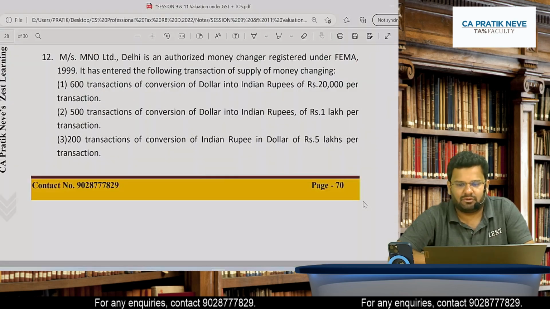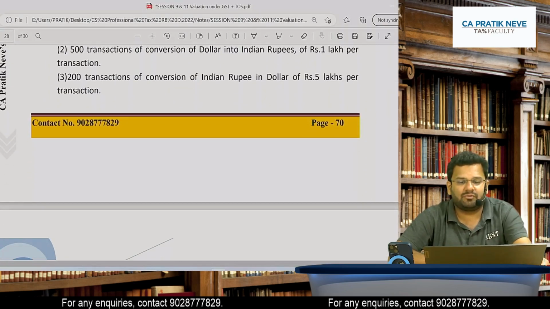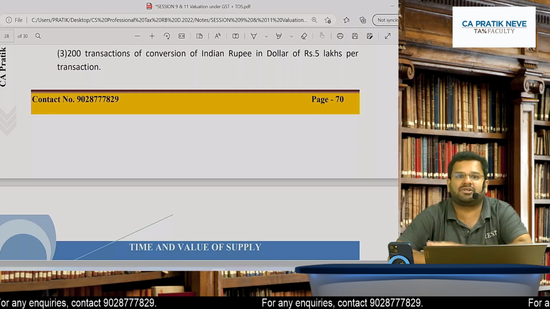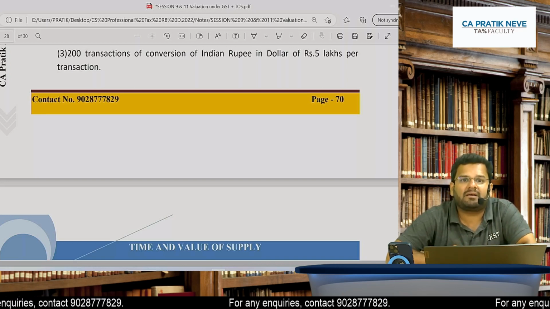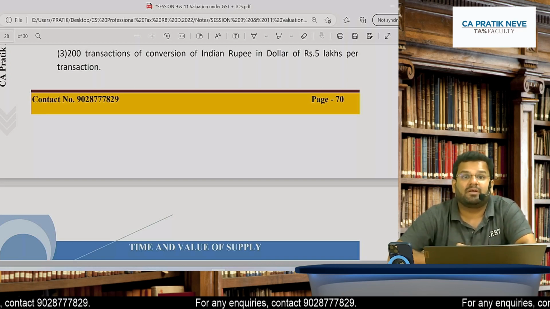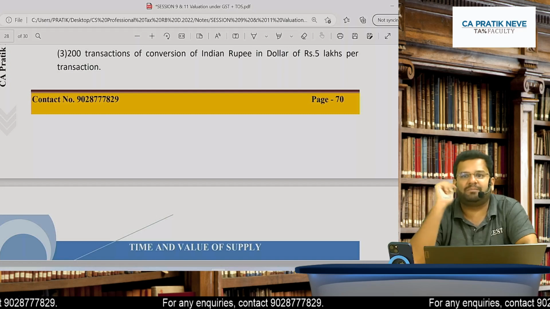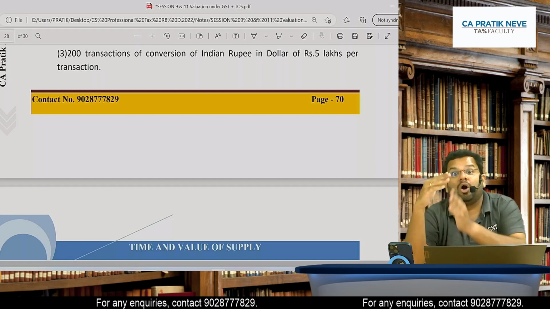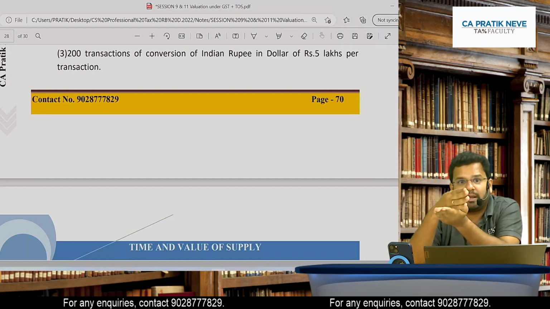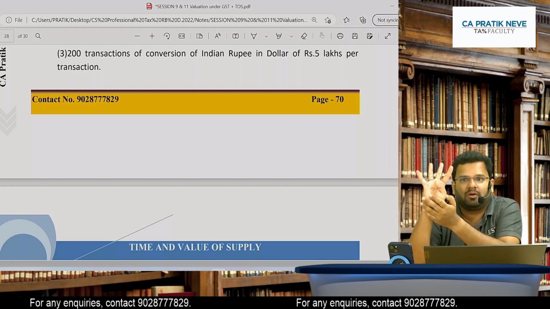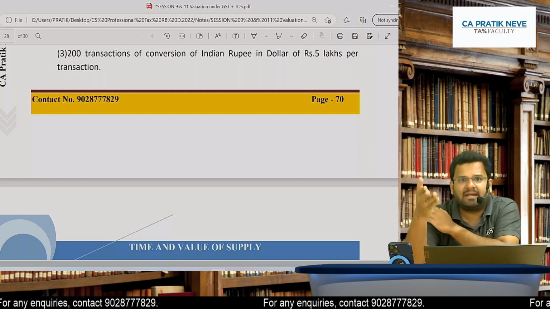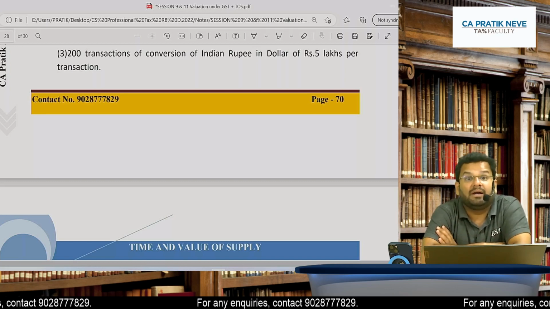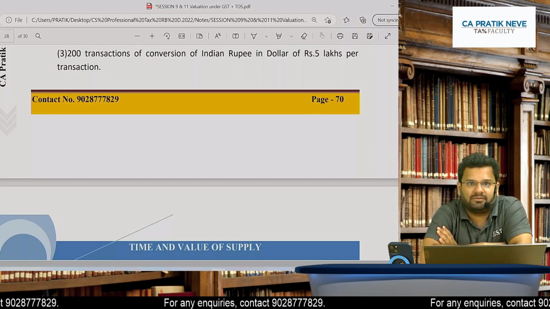5 lakhs. Very good. 200 transactions of conversion of INR into dollars of 5 lakh per transaction. So 5 lakh per transaction means up to 1 lakh, at 1%, which is 1000. On the next 4 lakhs, that is 1 lakh to 5 lakh, calculate 0.5%, which should be 2000.